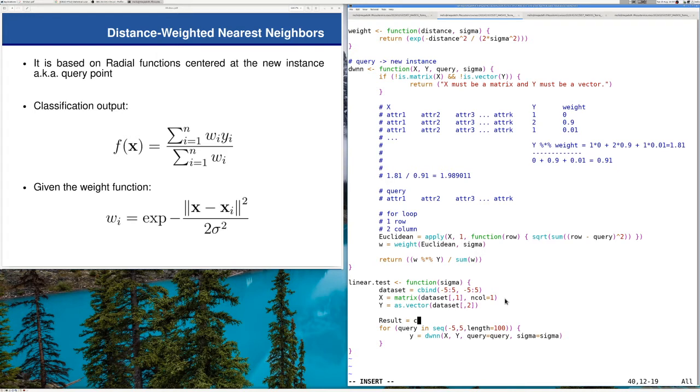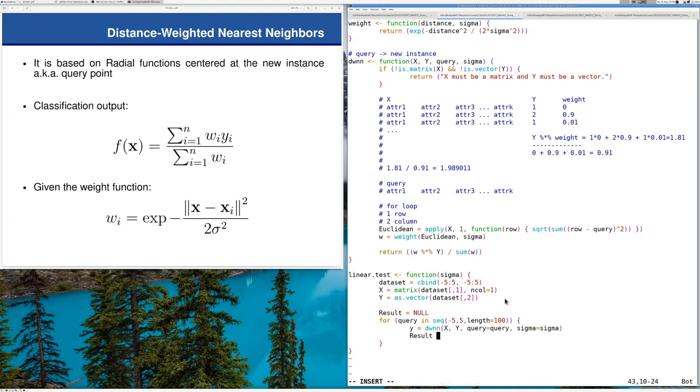Of course, it's going to be a matrix that I expect to bind in terms of rows. That's what row bind does. I'm going to bind my query and what I obtained for my query, the result of my query.